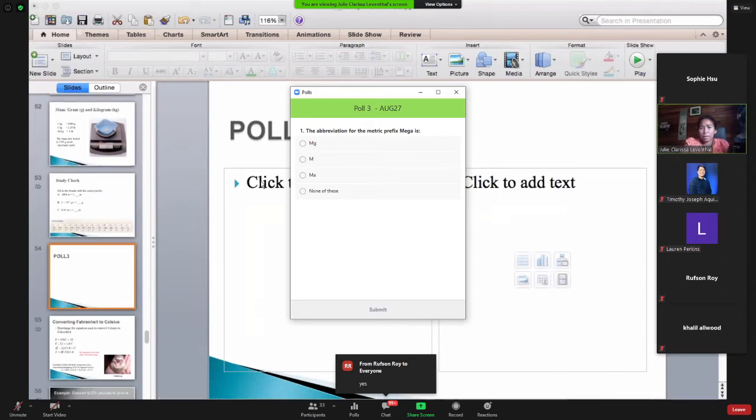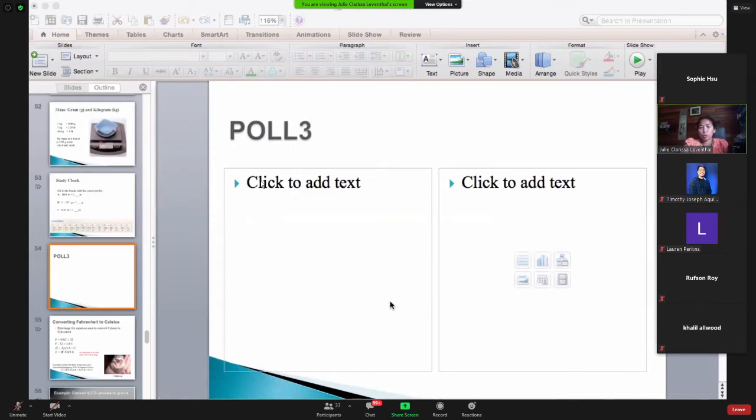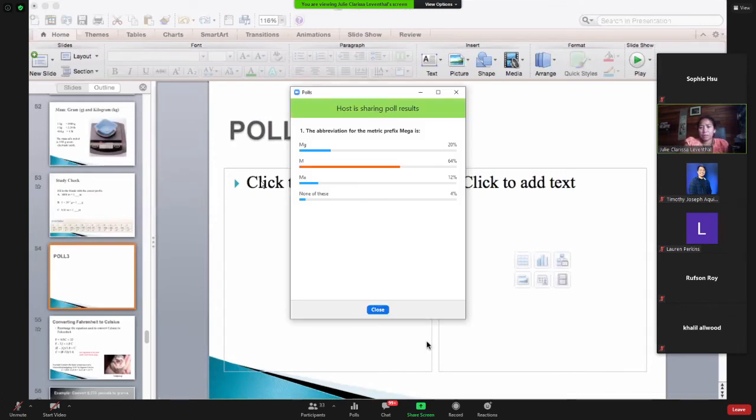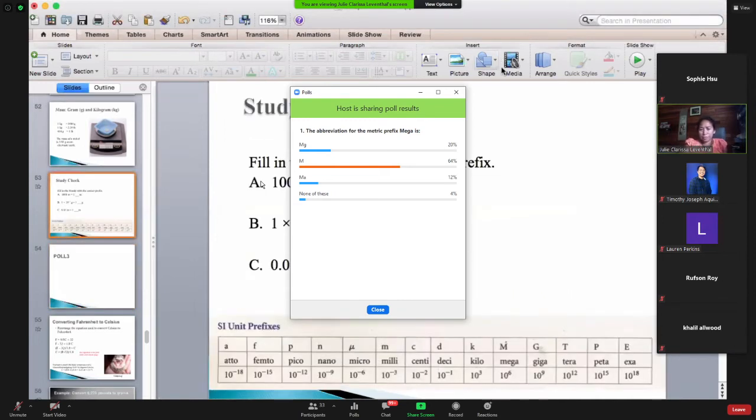Okay, 3, 2, 1. So which one is it? What is mega? It's going to be big M, okay? Mega is big M right here. Mega is big M. You see it? So that's mega.